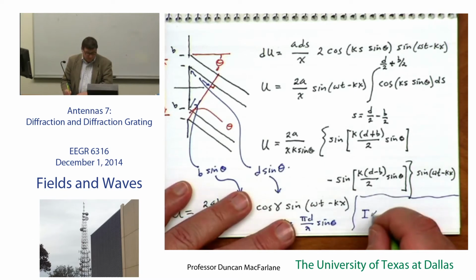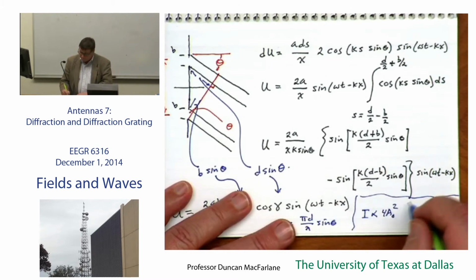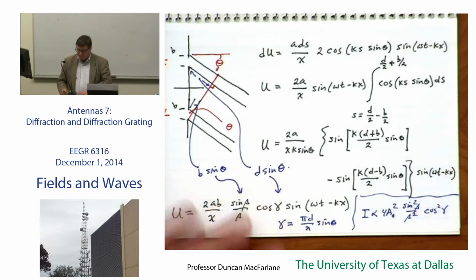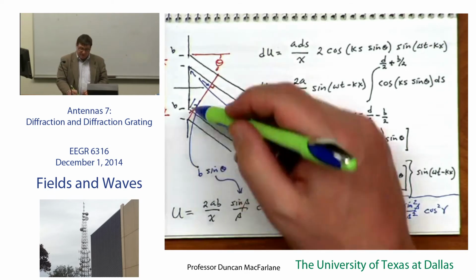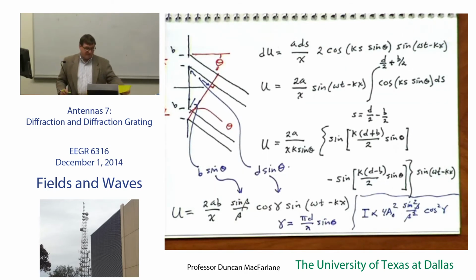Or the intensity is proportional to 4 amplitude squared sine squared beta over beta squared times cosine squared of gamma. So I have an additional modulation that comes about from that.